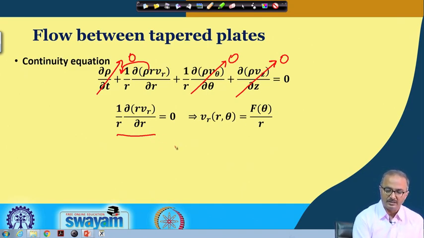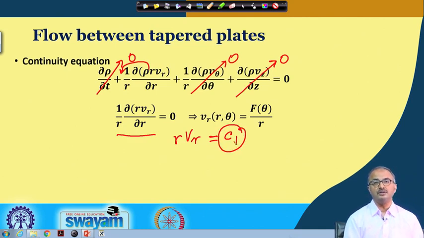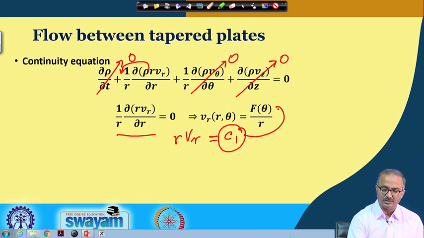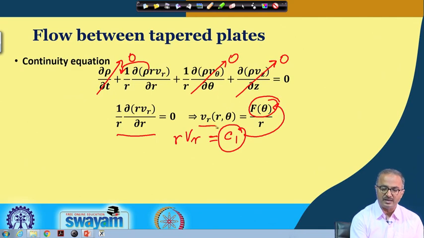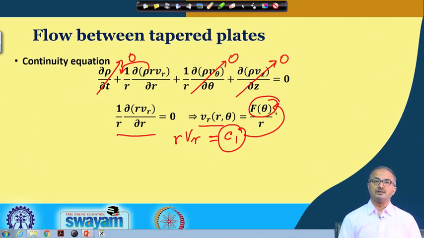With this we obtain this particular equation, and from this we find that r VR is some kind of a constant, and this constant is a function of theta. So f theta signifies this particular constant. That is why we find that VR is equal to f theta by r.